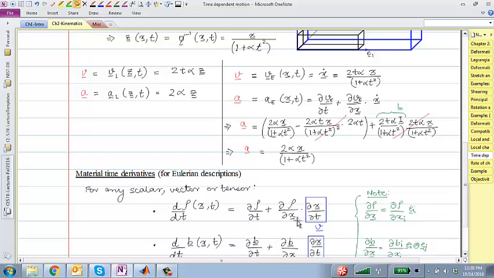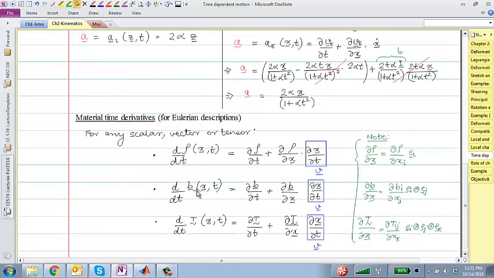If you take the gradient of a scalar field, you get a vector field. That vector field dotted with the velocity vector field would give you yet another scalar. So the time derivative of a scalar field should indeed be a scalar field. The time derivative of a vector field should be a vector field. Again, the expressions are exactly the same. Just by doing the chain rule, we are computing this.